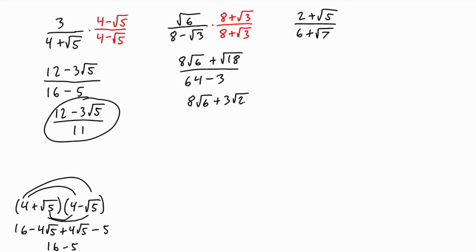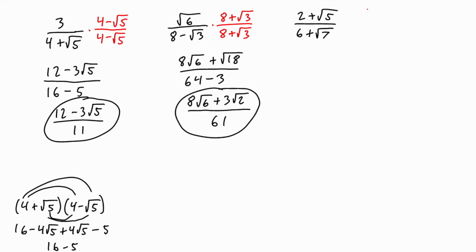So 3 square root of 2. So that's just a quick simplification of square root of 18 down to 3 square root of 2. And then 64 minus 3 is 61. And again, you can't simplify any of this anymore, so this is your answer.